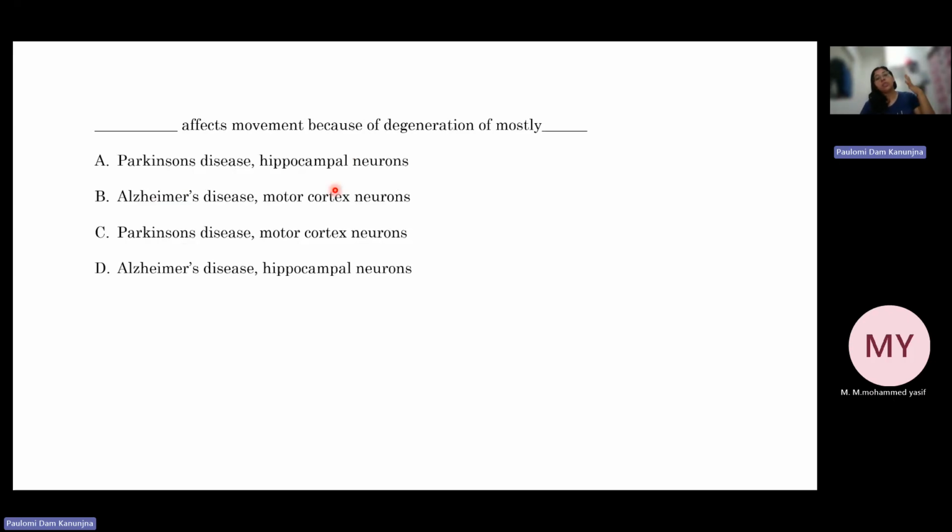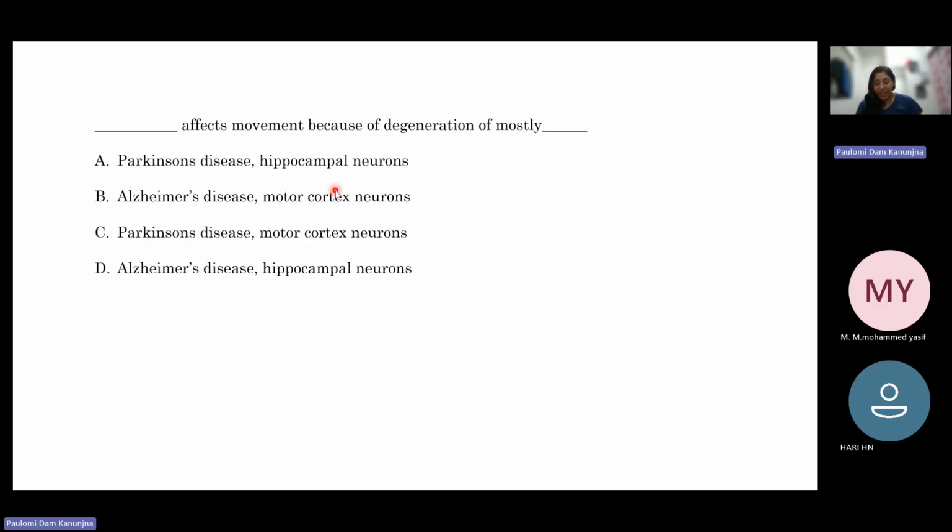Now let's move on to the next set of diseases. This one is talking about a disease that affects movement because of degeneration of mostly something. This is a question from your previous year's assignment. So the key here is basically the word movement, which should tell you which disease we are talking about.